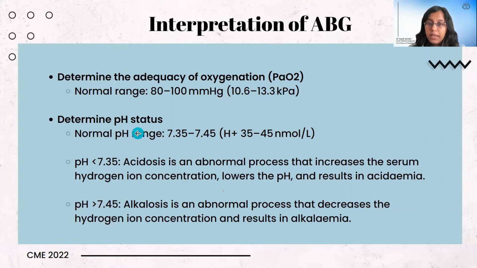Next, you determine the pH. The pH is between 7.35 and 7.45, right? Or the hydrogen ion concentration is between 35 and 45. Now, if your pH is below 7.35, it is acidosis.